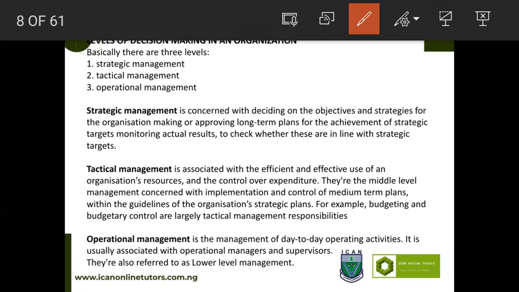or three types of management position in an organization. The first one is strategic, the second one is tactical, and the third one is operational. When we say strategic, these are the bosses of the bosses.